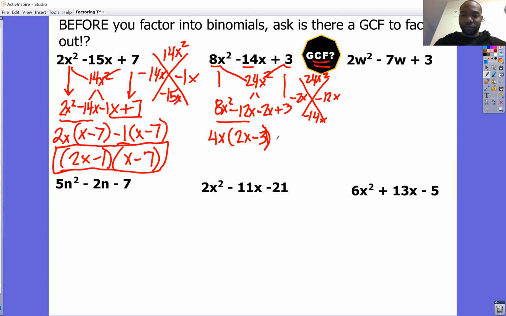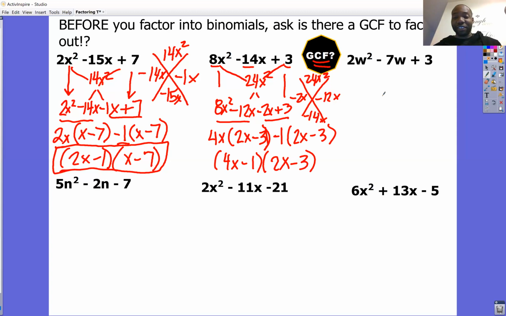Look here, if I want a 2x minus 3, I need to factor out a negative 1, and I end up with 2x minus 3, right? And so now I end up with 4x minus 1 times 2x minus 3.